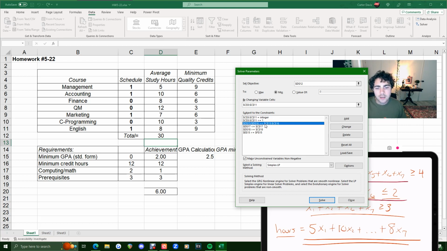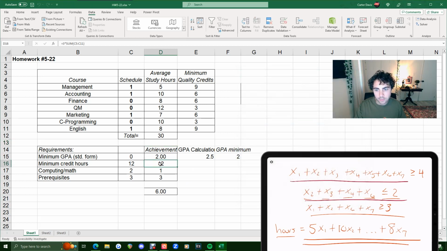Then they set D15, 16 greater than or equal to C15 and 16. Yeah, this part I'm not fully understanding. I kind of get the part where it's the 16 where you have to have at least 12 credit hours, so this cell right here has to be greater than or equal to this cell right here.